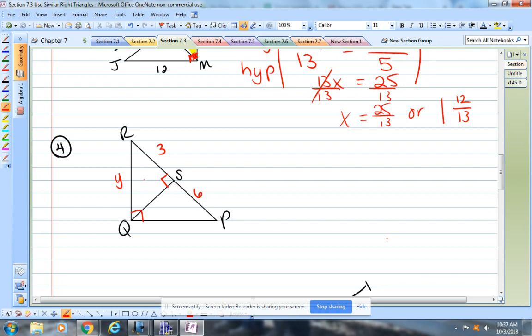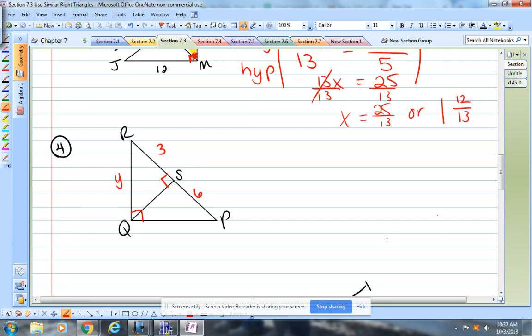Correct? Okay. So obviously I'm trying to find y. And y is a leg of the big triangle, correct? It is also the hypotenuse of the top triangle. Y'all agree with that?